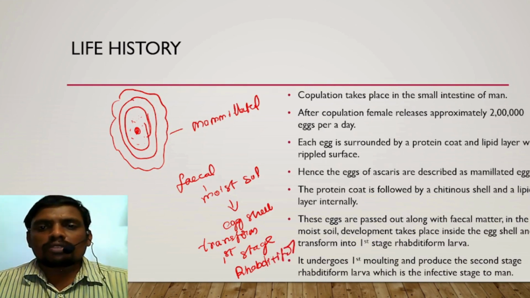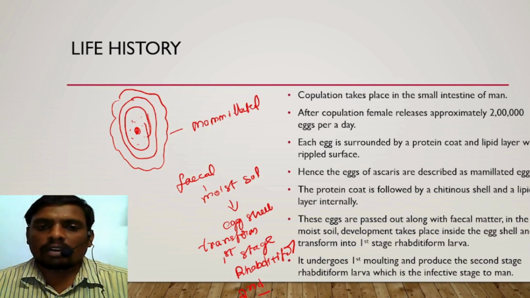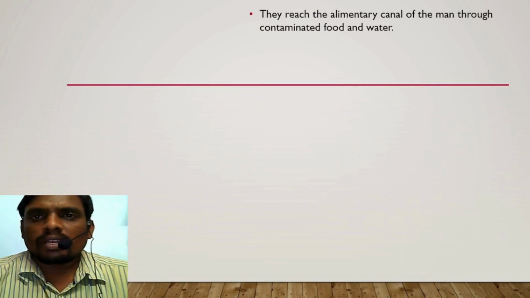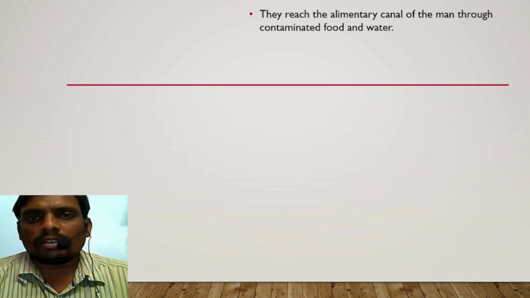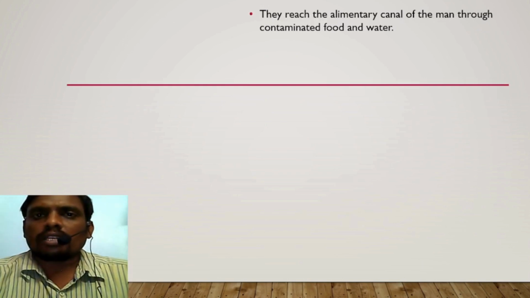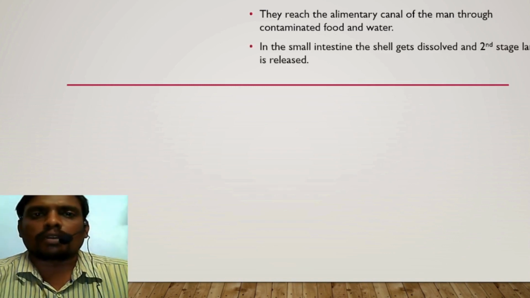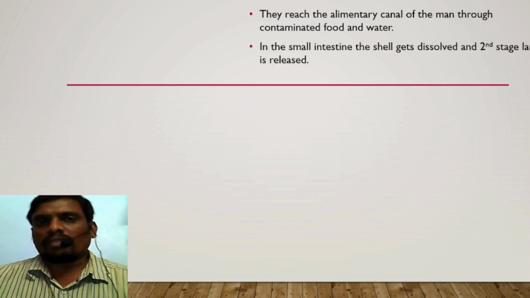It undergoes first molting and produces the second stage rhabditiform larva. Through contaminated food and water, it enters the alimentary canal of man.